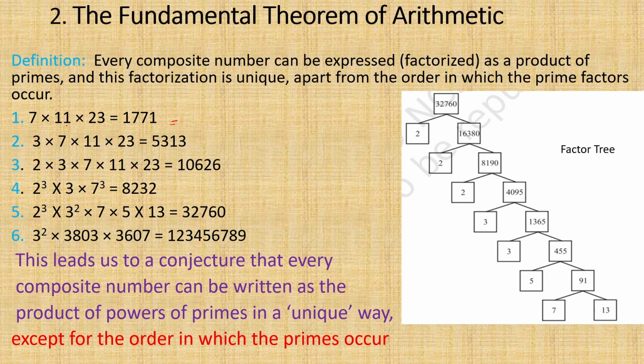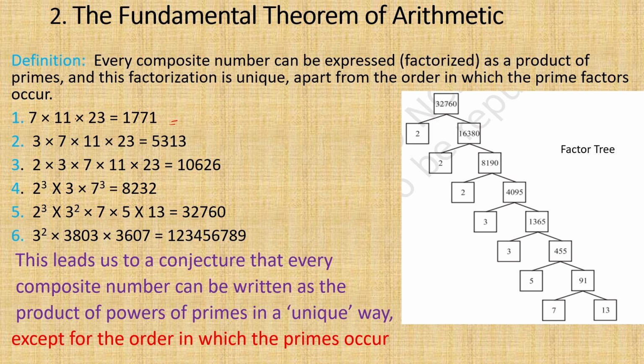That means no other prime number can come into this picture. Suppose 2 is not divisible into this number, so 2 cannot be written here. Only these three prime factors, 11, 7 and 23, come for the composite number 1771. No other prime factors come.